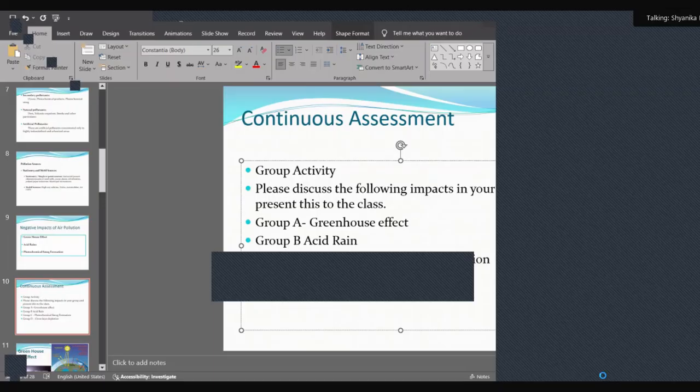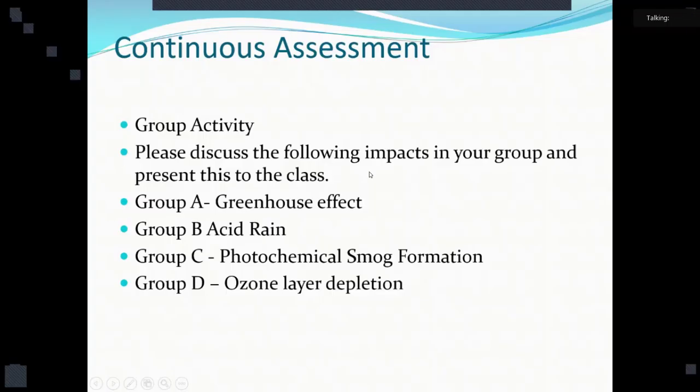Okay. Can you see the assignment now here? You want to discuss the following impacts in your group and present to the class. Group A, greenhouse effect. Group B, acid rain. Group C, photochemical smoke formation. And Group D, ozone layer depletion.